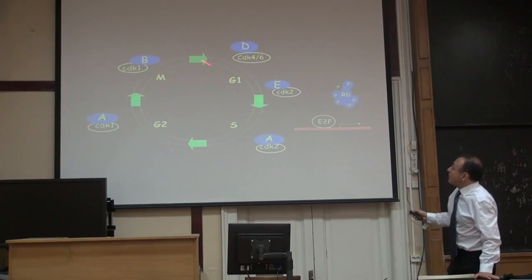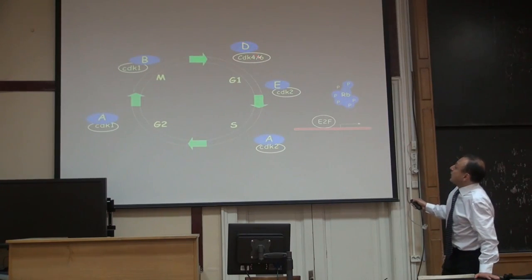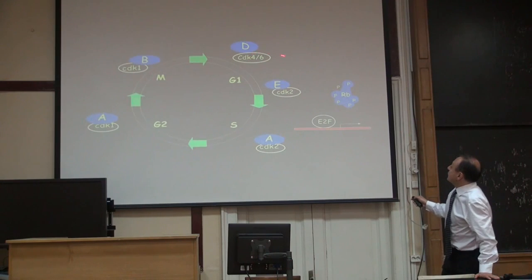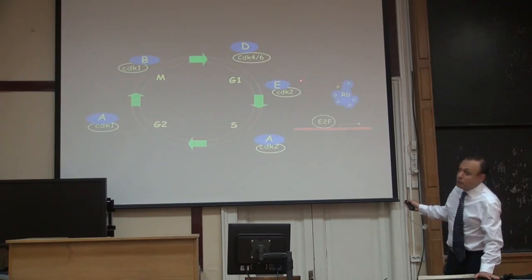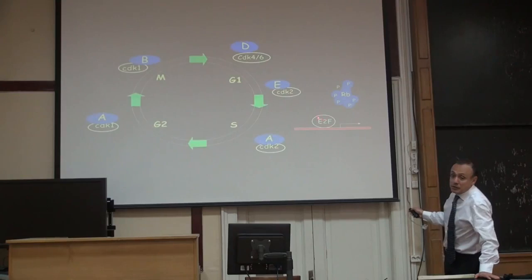At the biochemical level, we talked about how the D-type cyclins together with CDK4 and CDK6 phosphorylate the retinoblastoma protein, which releases the E2F transcription factors.